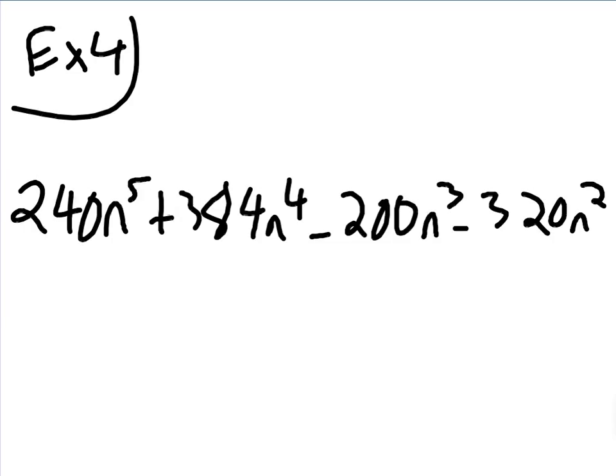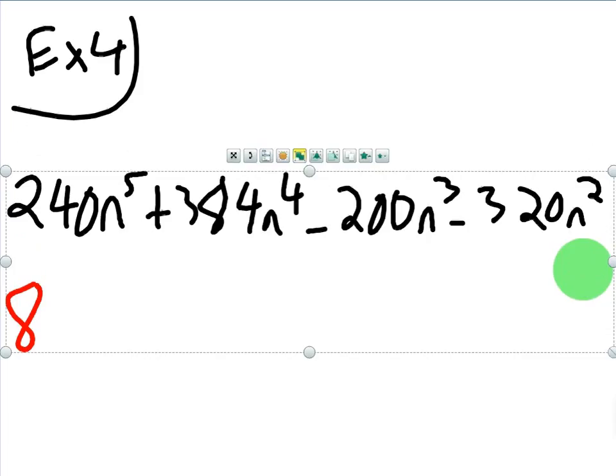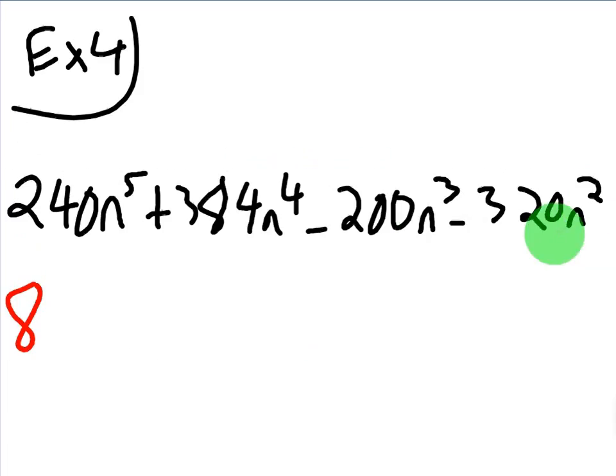So you're going to pull an 8 out, and not only can you pull an 8 out, but what else can you pull out? You can pull an n squared out because that's going to be the smallest power, right? So n squared is going to go into all of them. So we're going to pull out an 8n squared. We're going to be left with some stuff in the middle.